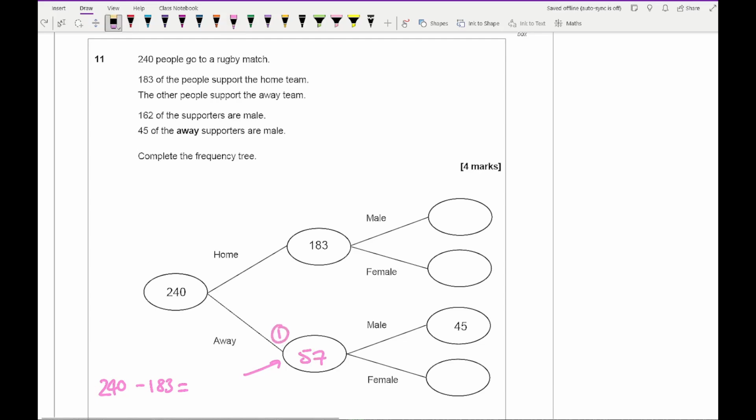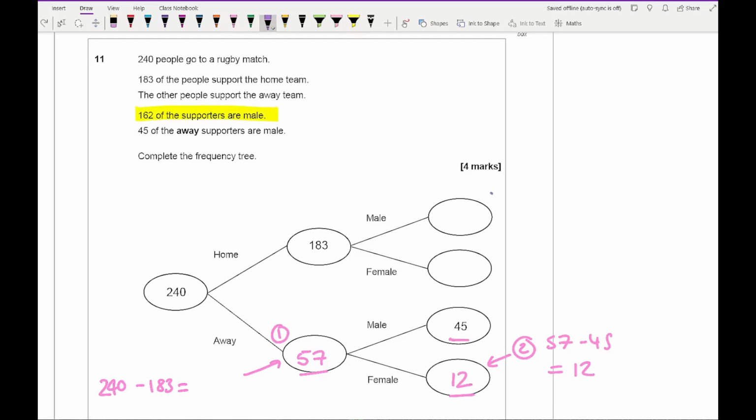And just make sure that your numbers do look like what they want it to do. So let's make sure that looks like a 5. There we go. Then the second one I can complete is this one here. We know that these two numbers here must add up to 57. So for this one, all I need to do is 57 minus 45, which gives me an answer of 12. It then says that 162 of the supporters are male.